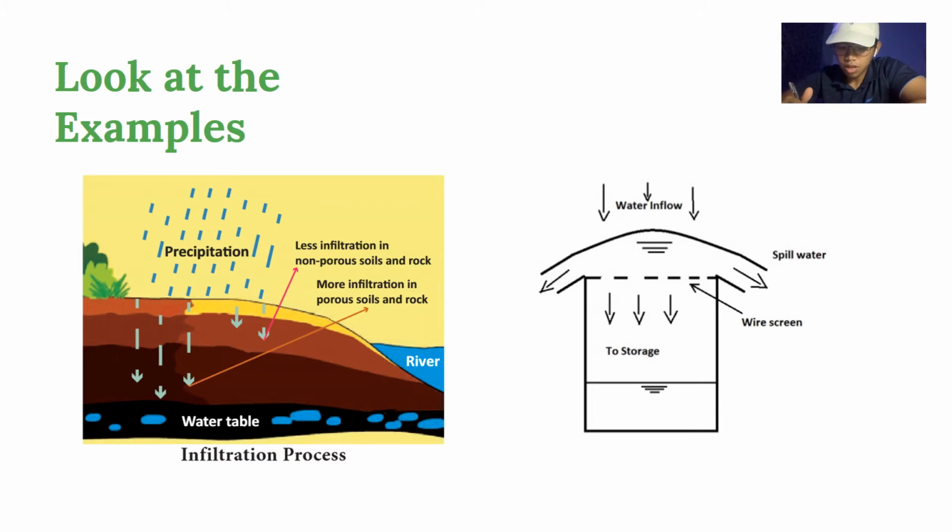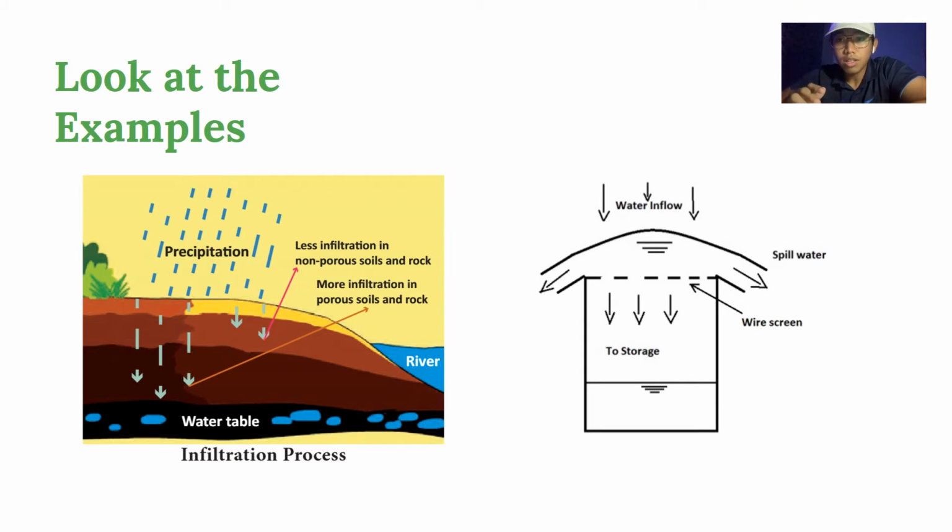So let's look at an example. So this is the visual of infiltration process. The precipitation is actually the rainfall in particular places. So when the water from the rainfall reached the ground, infiltration occurred because of the soil. The soil is permeable to the water, so the water can pass through the surface.